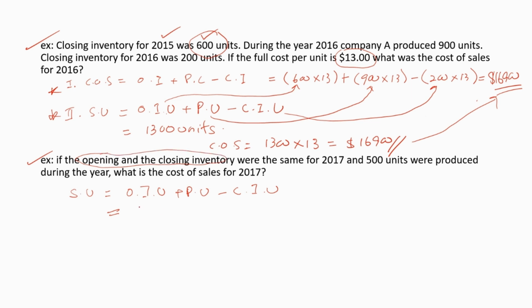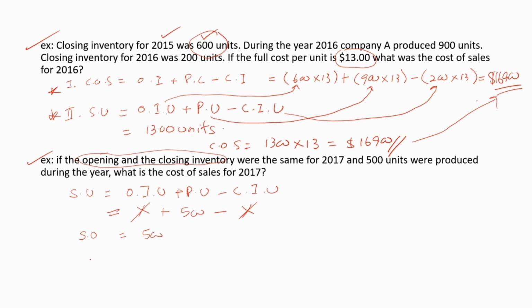So let's assume that opening inventory is X, plus the production unit is 500, minus closing inventory. Closing inventory is also X because opening and closing inventory are the same. So what will happen now? These two X values will cancel each other out. So the sales units is equal to 500.